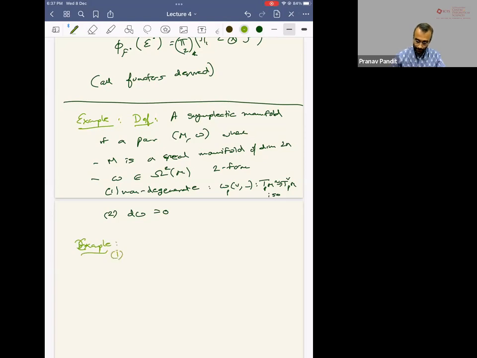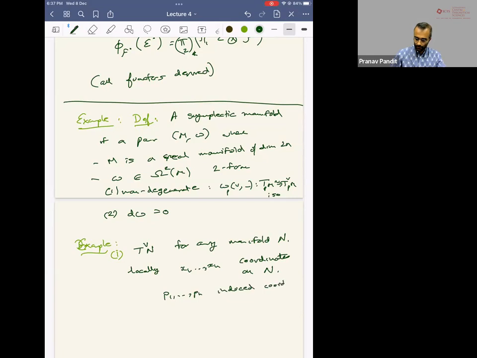One example would be T dual of N for any manifold N, and locally, if you have x1 through xn coordinates on N, and p1 through pn induced coordinates on the cotangent fibers, then omega is just the summation of dx_i with dp_i.